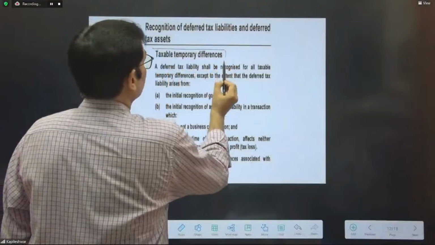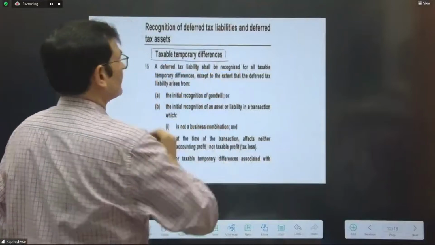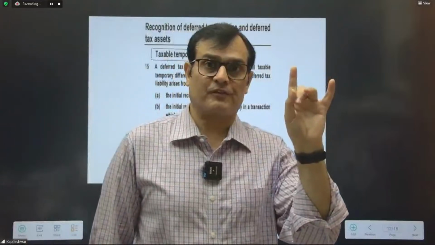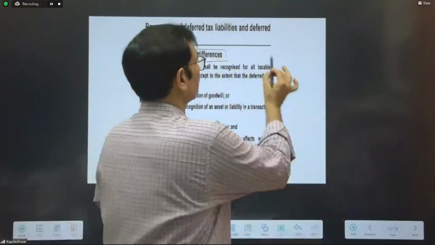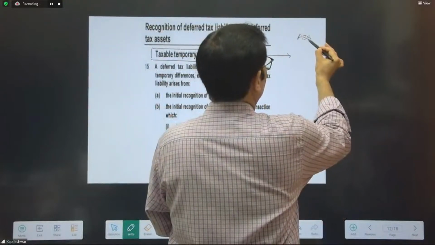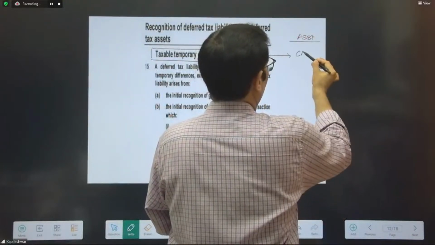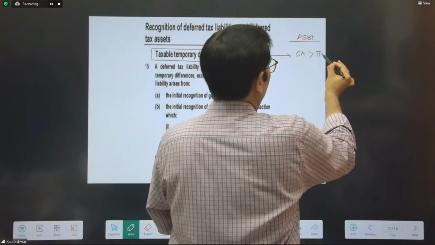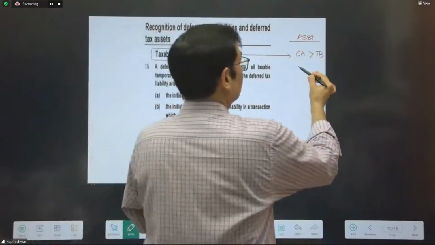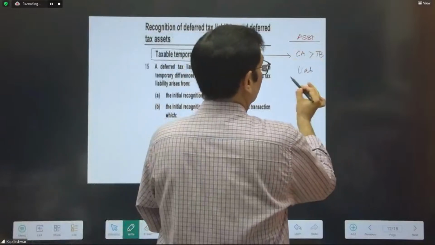Taxable temporary differences. I'm looking at taxable temporary difference. Now, let me caution. When does a taxable temporary difference arise for an asset? When the carrying amount is more than the tax base. When does a taxable difference arise for a liability?